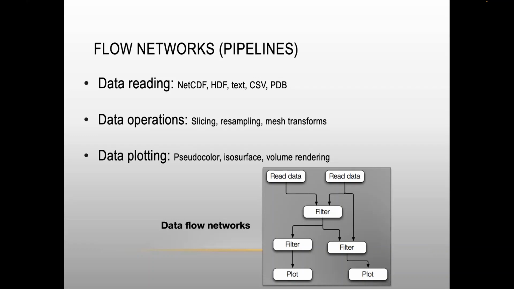And the reason to mention this here is that VisIt employs this sort of data flow network under the hood, which gives it a lot of power and allows it to reuse a lot of components for different things.